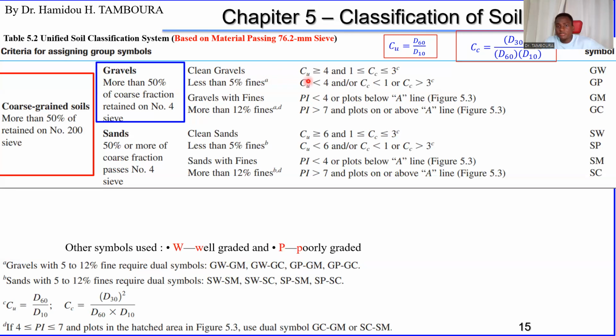So as you can see, if you fall in this condition, Cu, this coefficient, is less than 4, and this one is not respecting these two conditions, less than 1 or higher than 3, in that case, your gravel is poorly graded gravel, okay, GP.